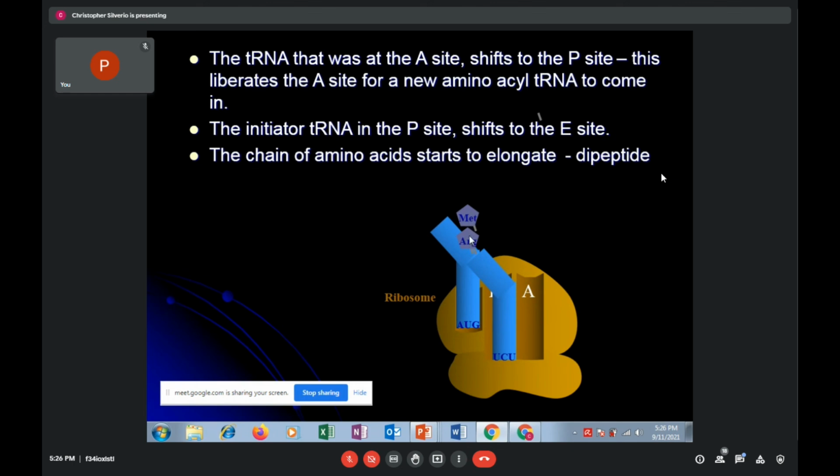It starts to elongate by forming a chain of arginine and methionine. This transfer RNA will be released.